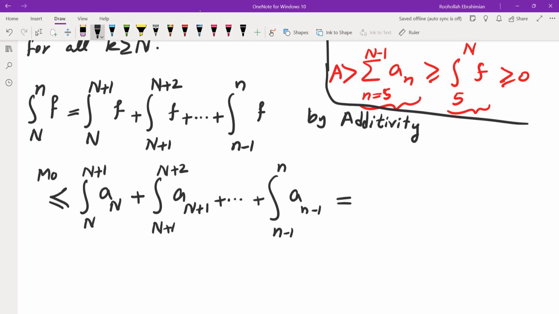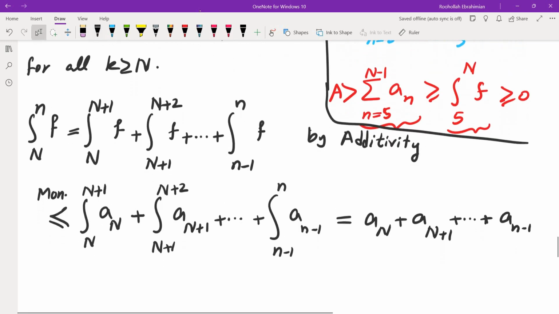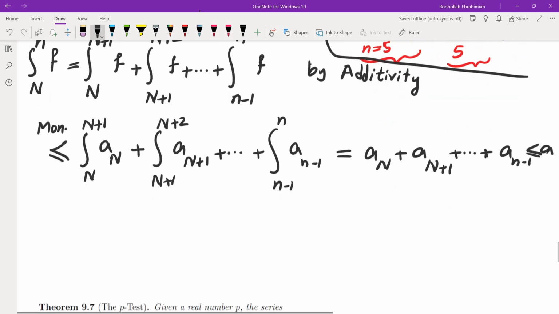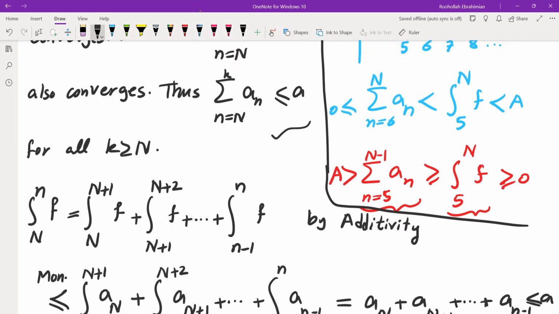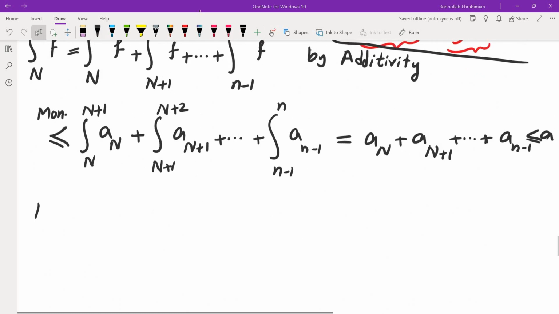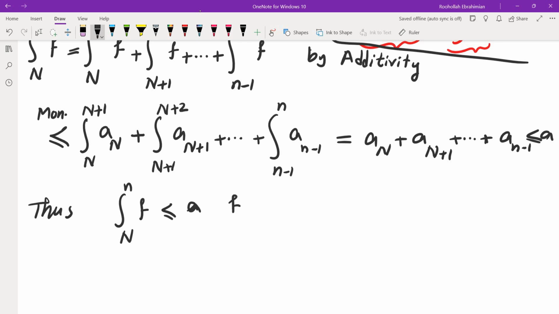This is by monotonicity that I'm using. So this is equal to a_N plus a_{N+1} all the way to a_{k-1}. And this is less than or equal to A because of what we just saw earlier. We know that each one of these partial sums is less than or equal to A. So that means the integral from N to k of f is less than or equal to A for all k greater than or equal to N.